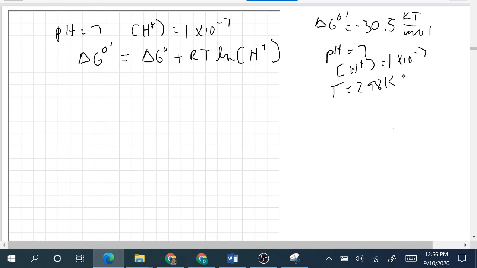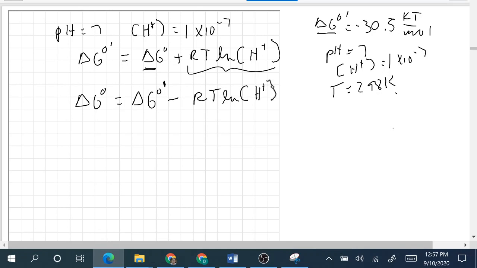Alright, so we're going to be using this equation, but we were given delta G naught prime, and we were looking for delta G naught. So if we want delta G naught, then delta G naught is going to be equal to delta G naught prime minus, because we're going to move this RT ln of H plus to the other side, minus RT ln of H plus.